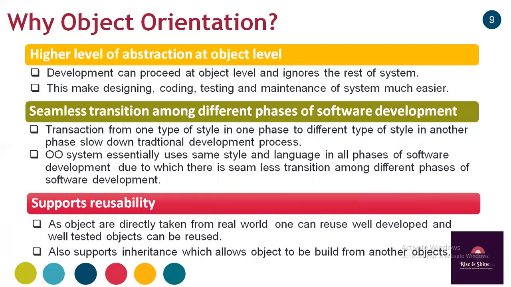Next, why are we using object orientation? Support for reusability. As objects are directly taken from the real world, one can reuse well-developed and well-tested objects from one system in another system.